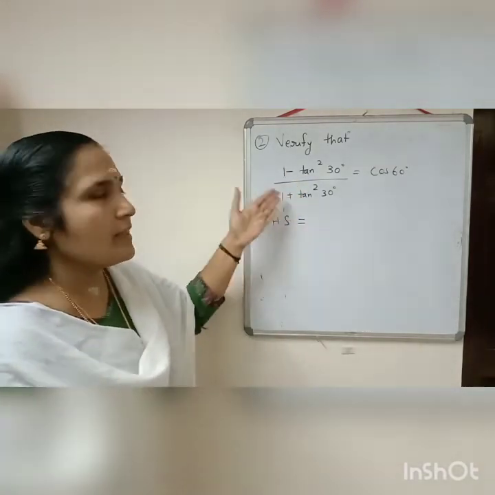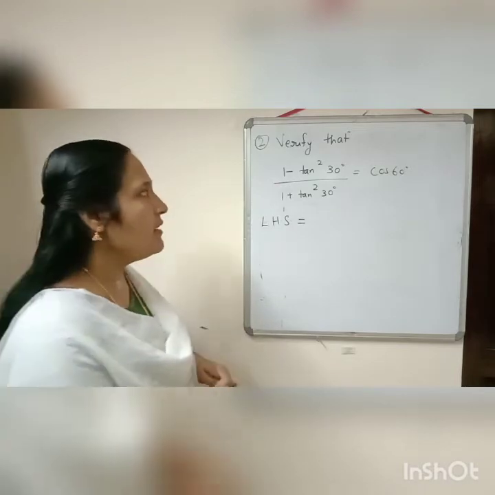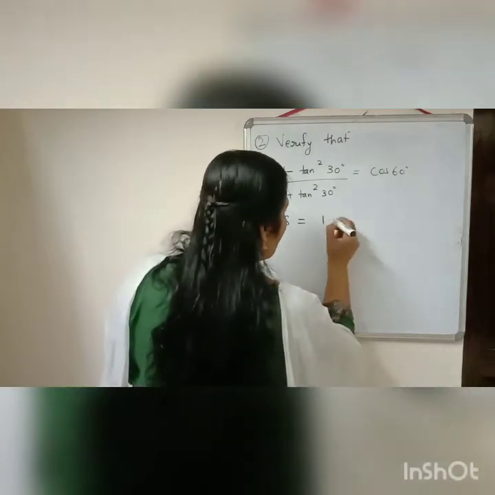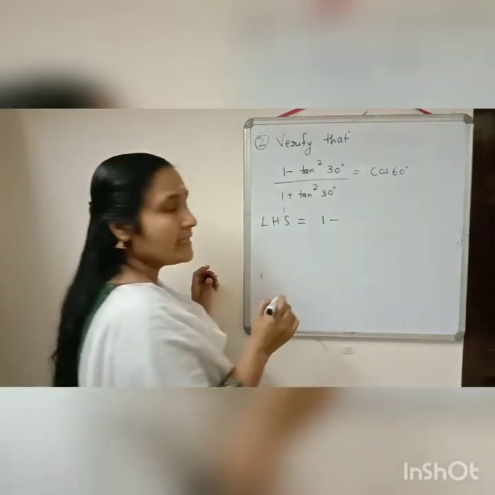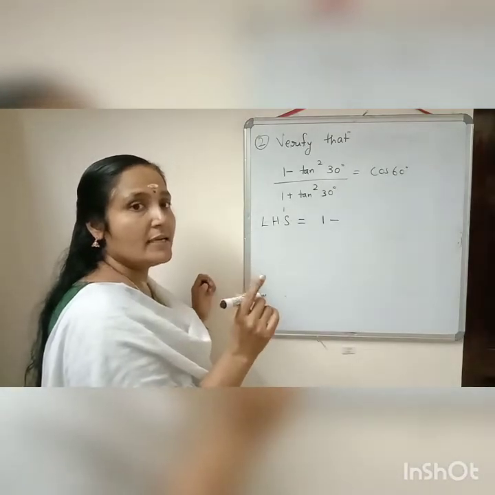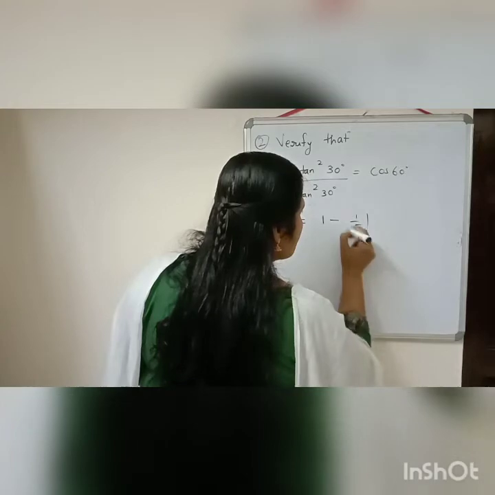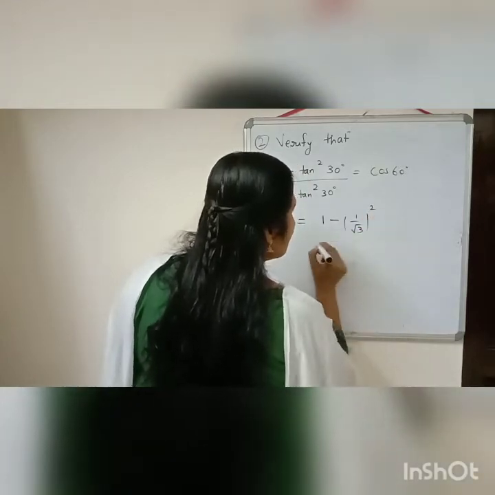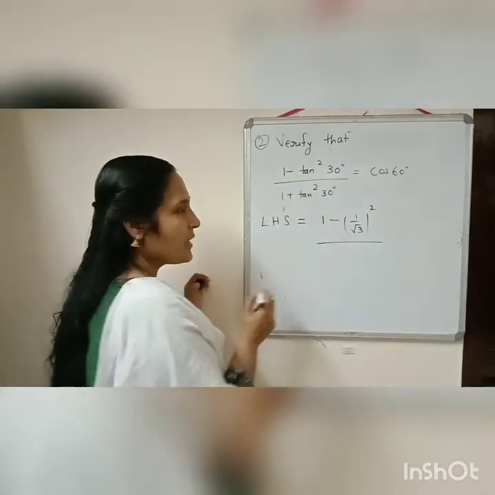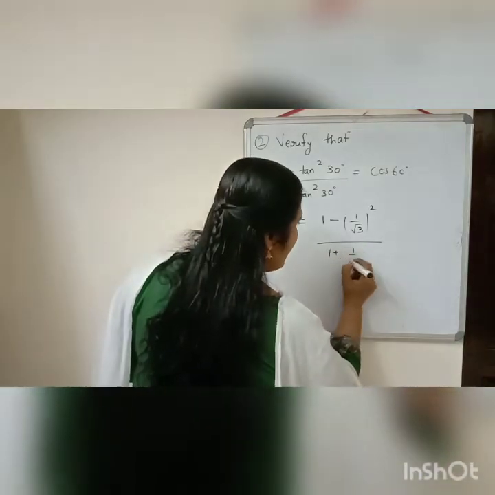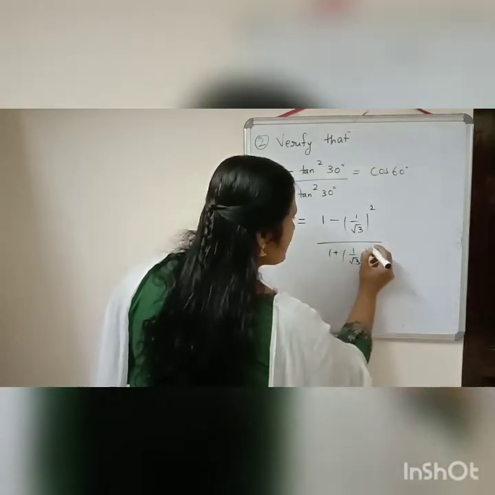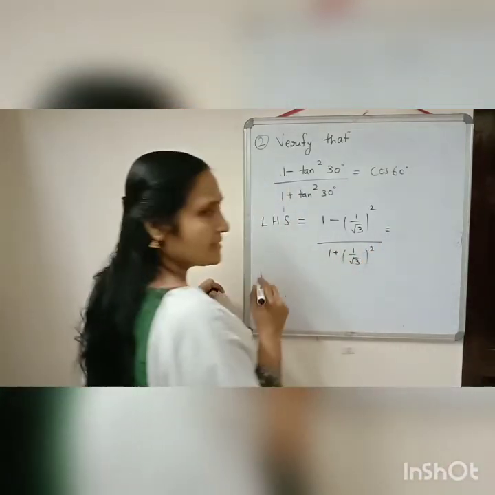And since we know all the values, we can substitute the values. So first one, it will come 1 minus, what is tan 30 degree? Tan 30 degree is 1 by root 3. So it will come 1 minus 1 by root 3 the whole square divided by 1 plus 1 by root 3 the whole square. Now we'll just simplify it.